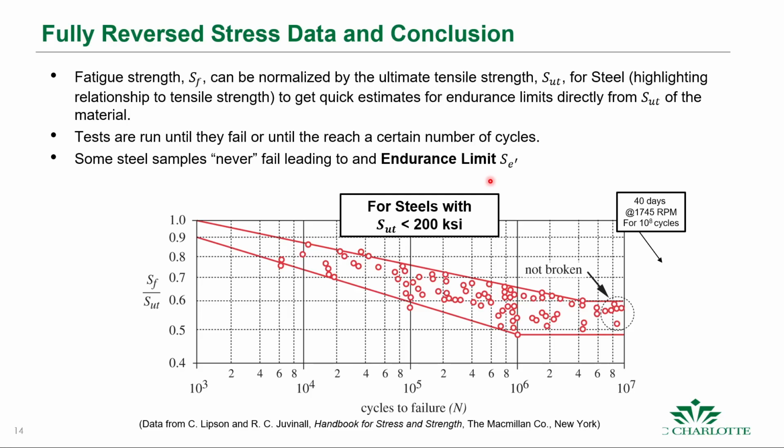And the samples that don't fail after the number of cycles, we say that they never fail, and that's where we get the endurance limit. At stresses below the endurance limit, the sample can theoretically run infinitely without failure.